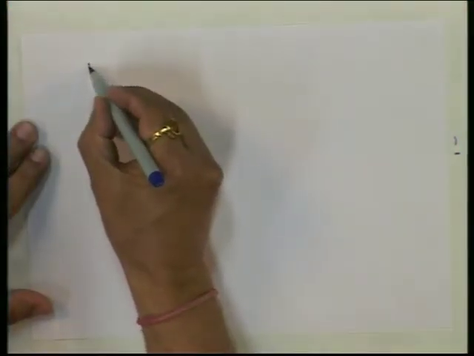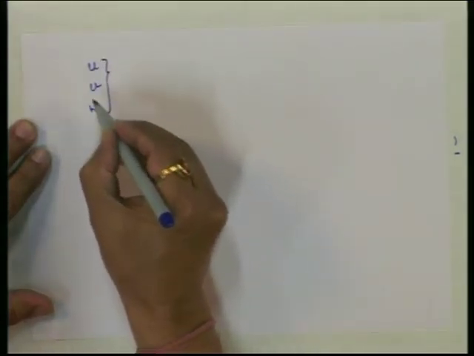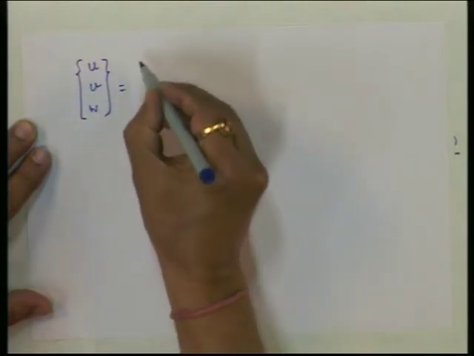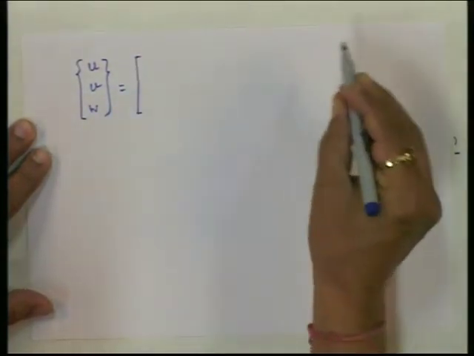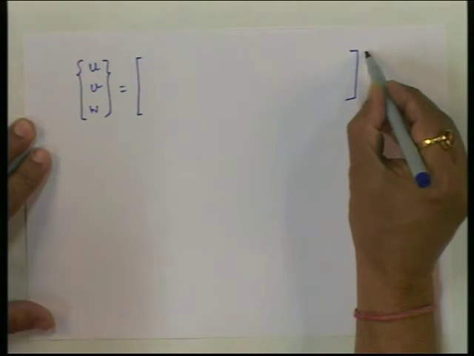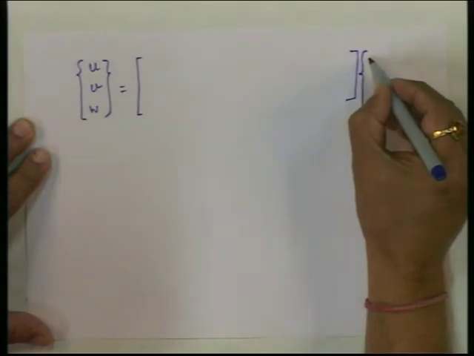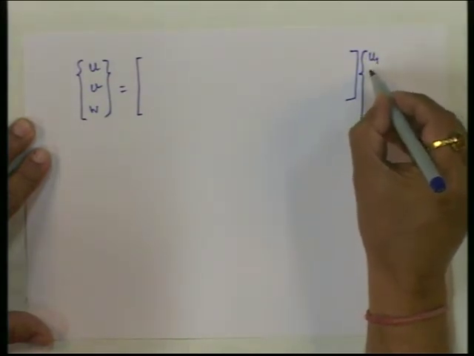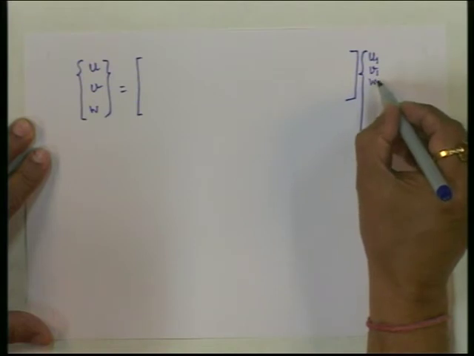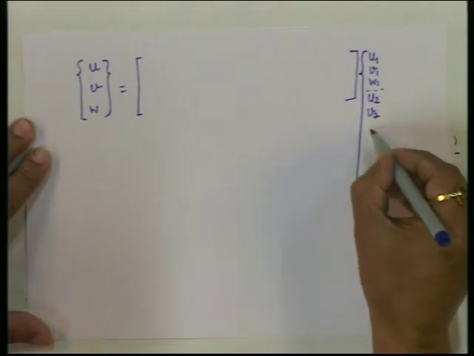We can put this in matrix form: u, v, w, and there will be a big matrix here. I want to arrange the nodal values node-wise, like u1 v1 w1, u2 v2 w2, and so on up to un vn wn.